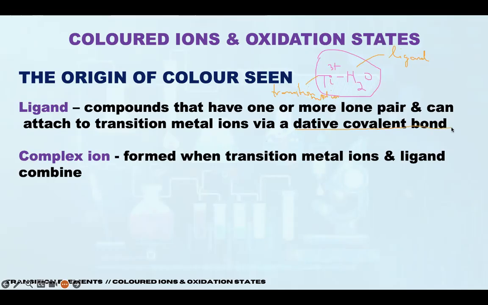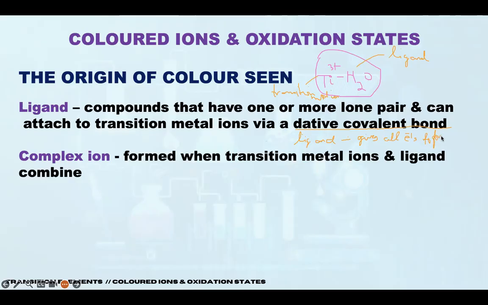And this idea of a dative covalent bond comes from unit 1, from module 1. This is basically just saying that the ligand, in this case water, is the one that gives all the electrons, the lone pair electrons, to form that bond.